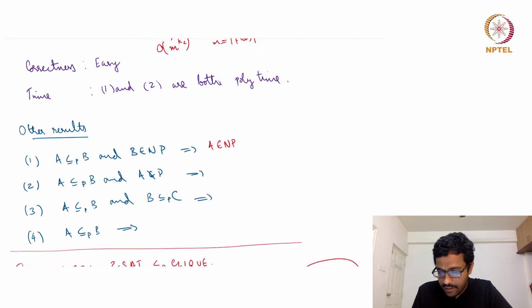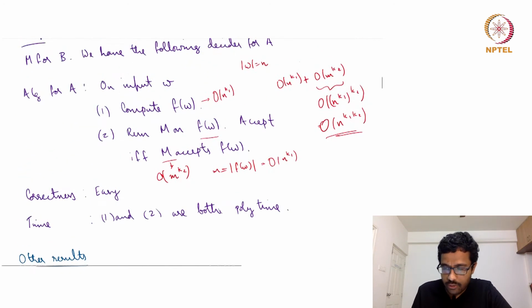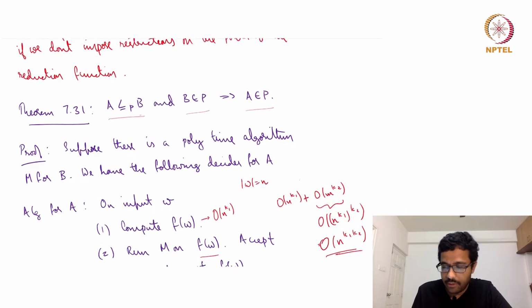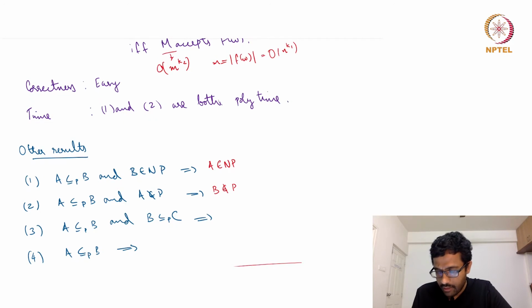The next point is that if A is not in P and A is reducible to B, then B is also not in P. Here notice that we are using the reverse direction to argue. Why is this? Suppose B was in P, then we could use what I stated here: if A is reducible to B and B is in P, then A is in P. But by assumption A is not in P, so B also cannot be in P.